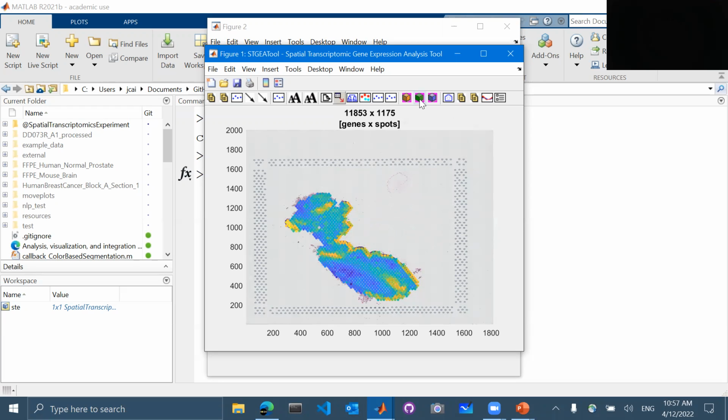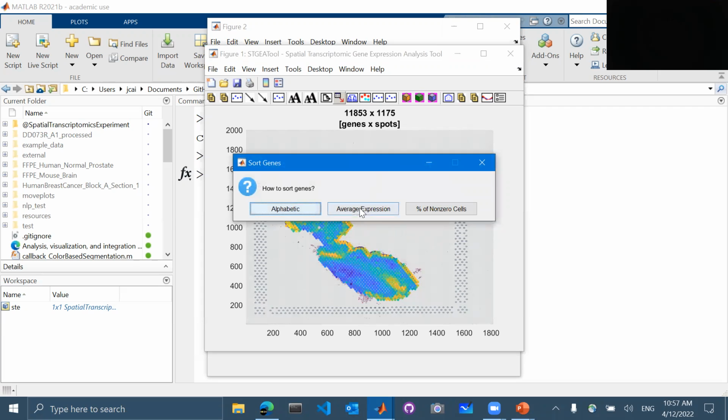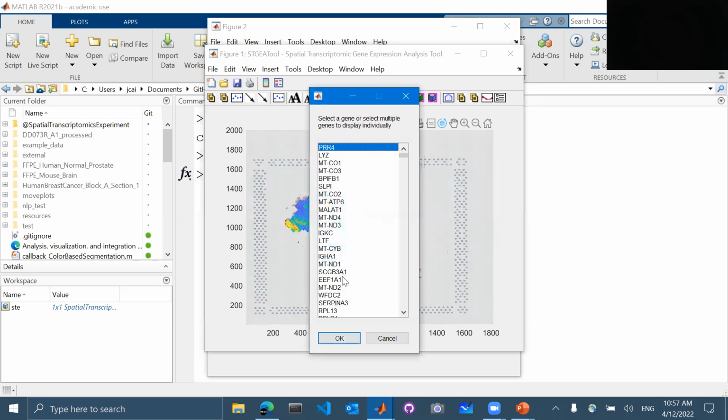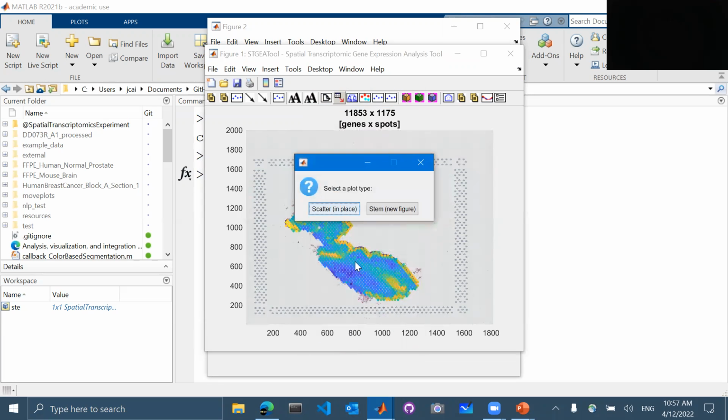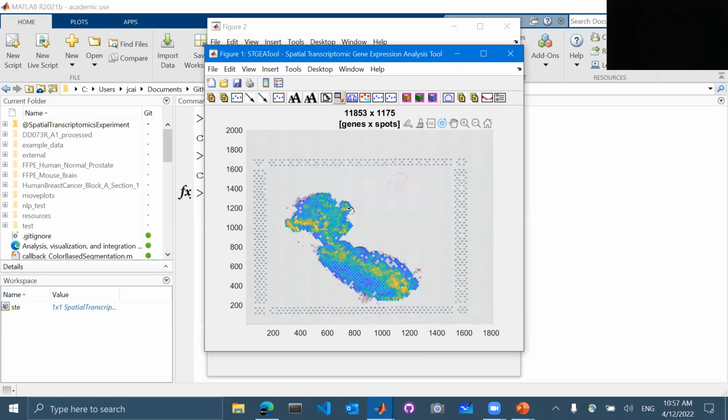So for instance, you can look at the gene expression for some of these genes. For example, this VIM gene, and the expression distribution on this tissue slide looks like that.